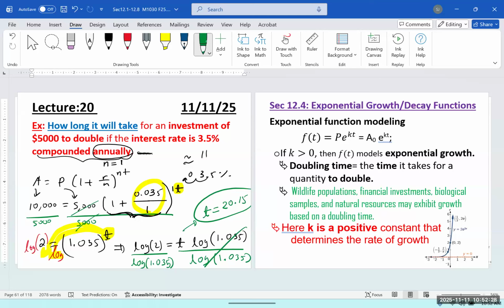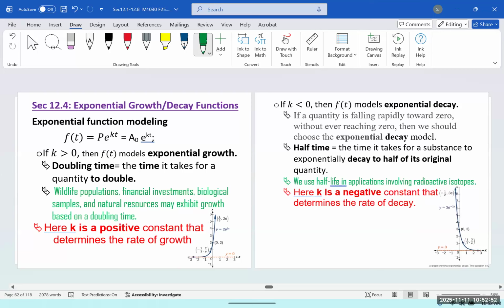And for decay, they mostly use it for minerals: how long it will take for a mineral to decay from this amount to that amount. But we use it in many other places like wildlife population, financial investment, biological samples, natural resources. These are for exponential growth. For exponential decay, we use it for radioactive isotopes. You may not have any idea, but if you take chemistry, you'll know what they're talking about.